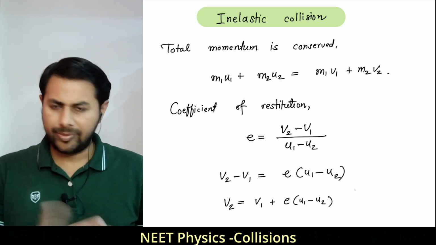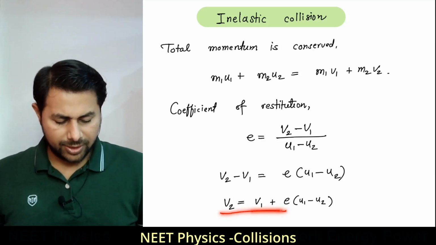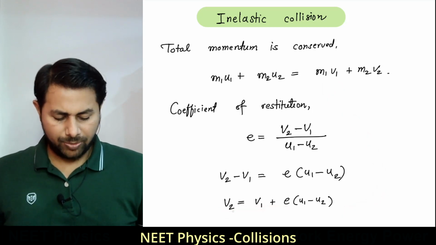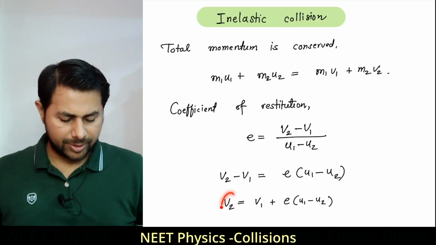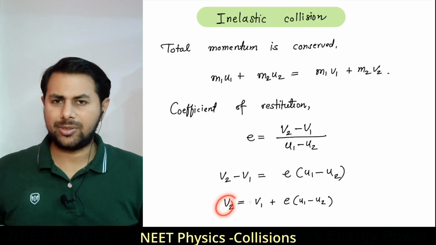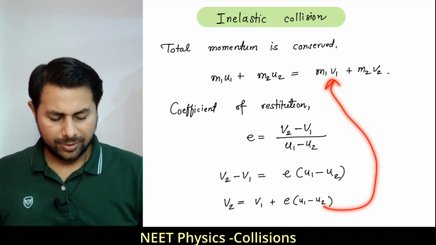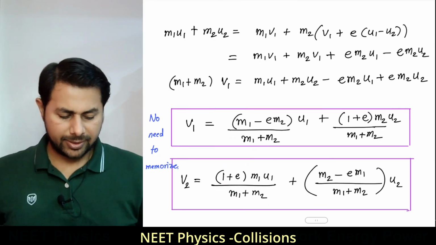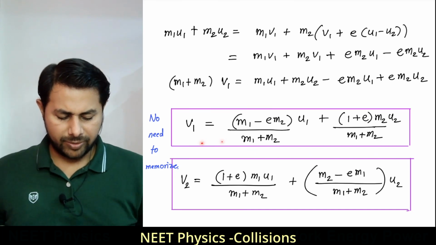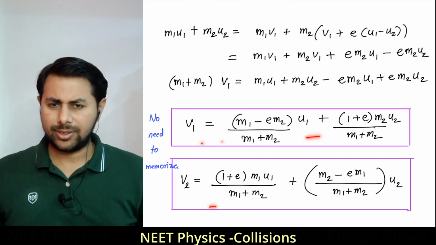Till now there shouldn't be any problem, right? If you want v1, you substitute for v2 in this formula and you will get some relation. So you get these two relations, v1 is equal to this, v2 is equal to this.